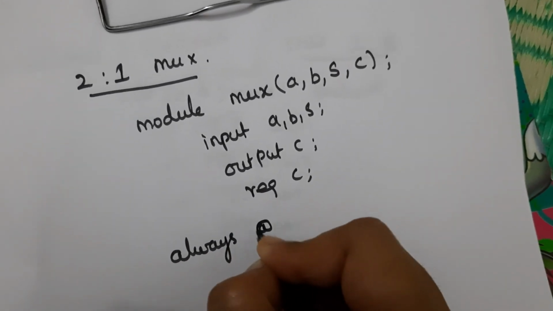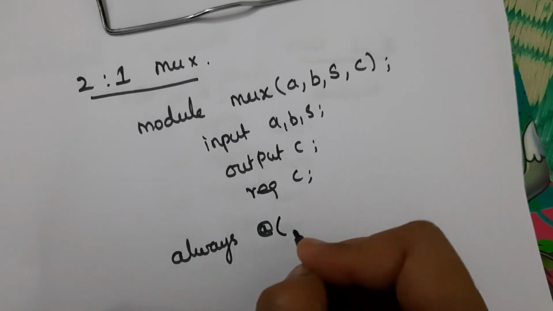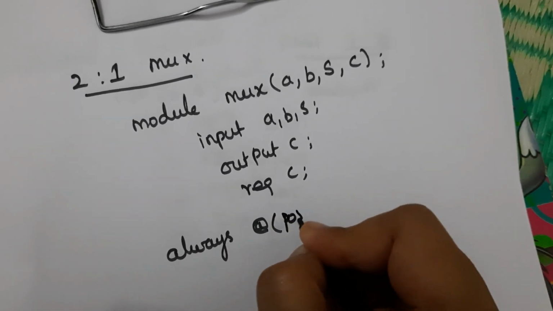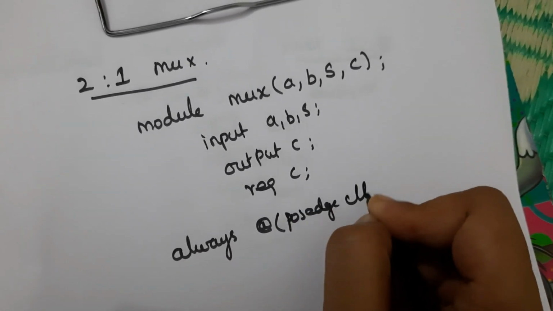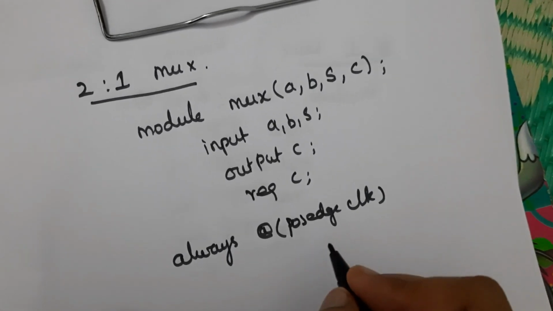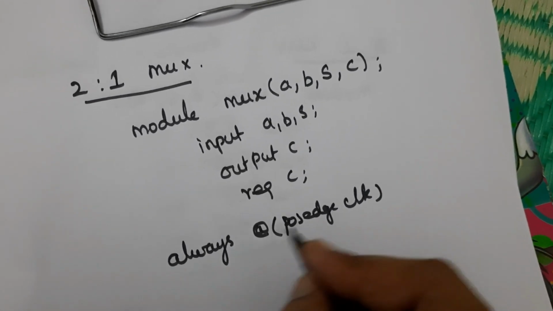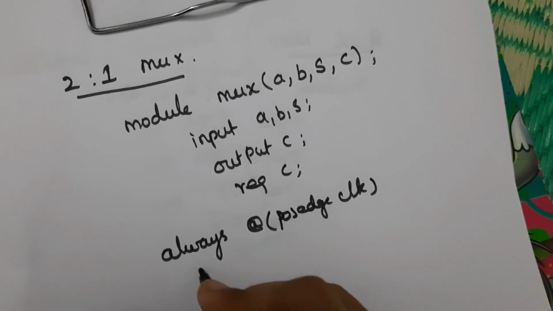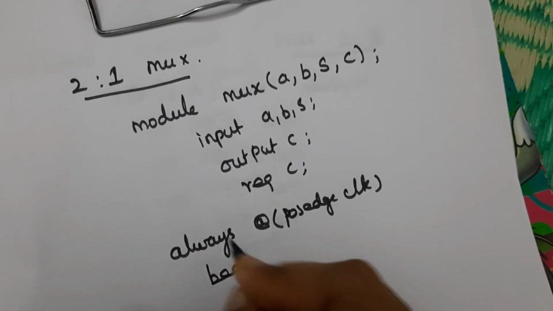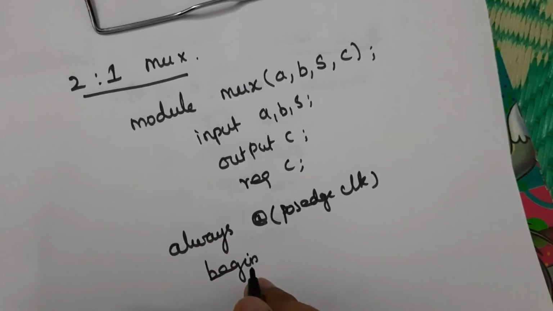So next I start the always block. The condition here is positive edge clock. So whenever the clock reaches its positive edge, this always block starts. Next we write begin.